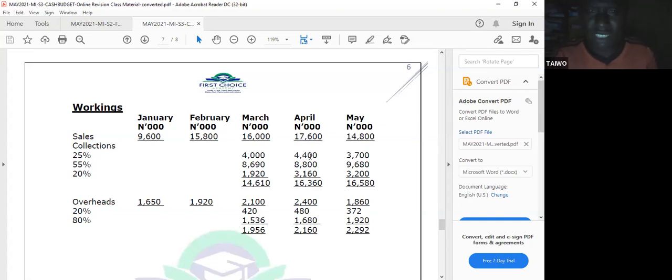Then 55% of 17,600 will be 0.55 times 17,600. That's 9,680. Can you see the way we move it, the way those payments are being made? You need to be very careful when you are moving those percentages. It's very important. This is where we are going to put a stop to it today.